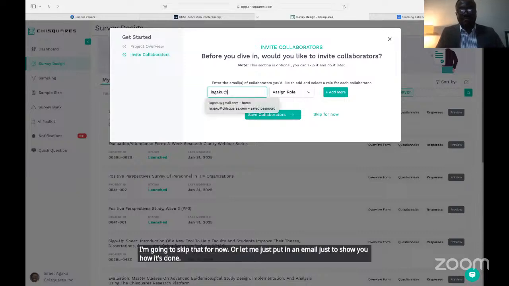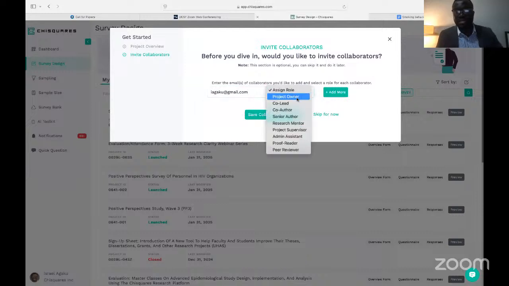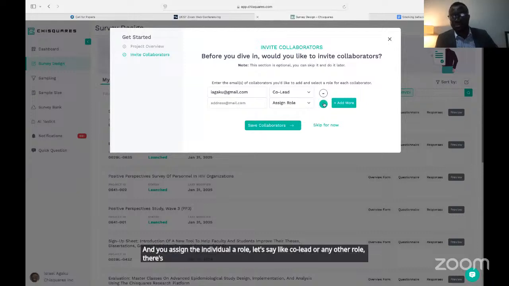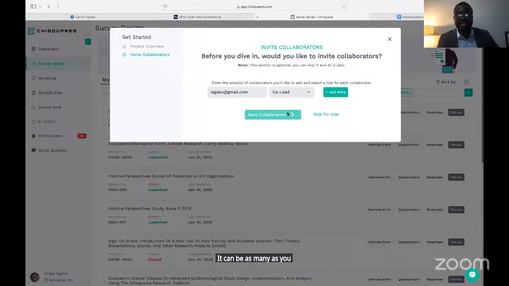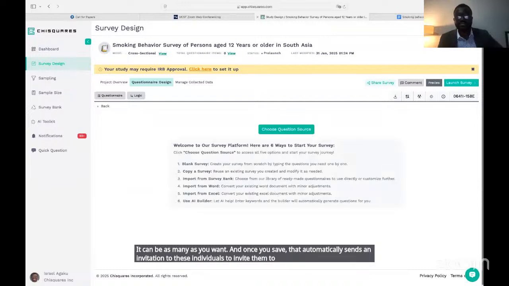So let's put in my email, and you assign the individual a role, let's say like co-lead or any other role. There's no limit to the number of co-authors or collaborators you can add. It can be as many as you want. And once you save, that automatically sends an invitation to these individuals to invite them to the project.